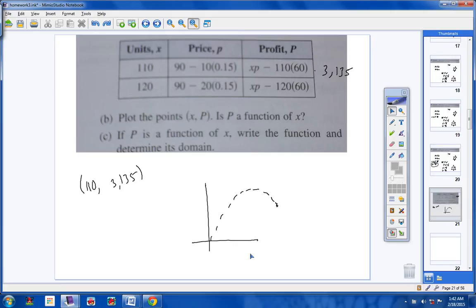Now, students, moving on to letter C. If P is a function of x, which it is, write the function and determine its domain. Now, guys, look, I know how to do this. I've worked all of these problems out before I started this video earlier today.